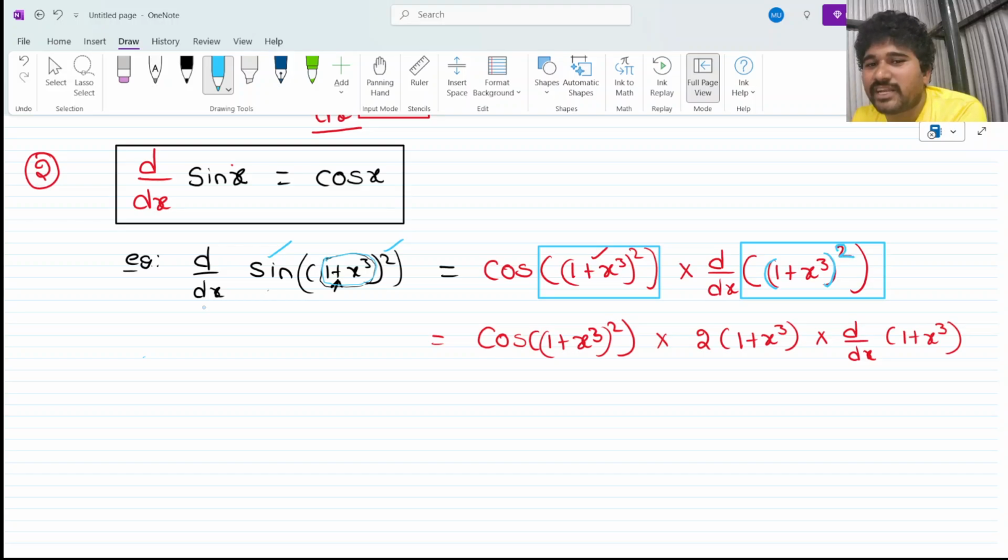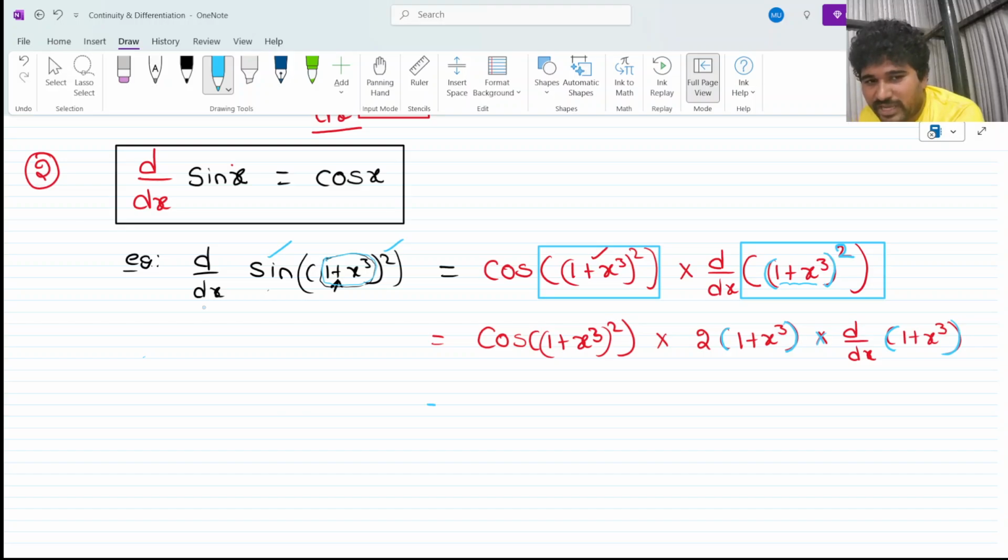Still I didn't read who this is. I said something square. When I say something square, the differentiation will be 2 into that something, whoever it is, write that. Into, now the time comes, d by dx of that 1 plus x cube.